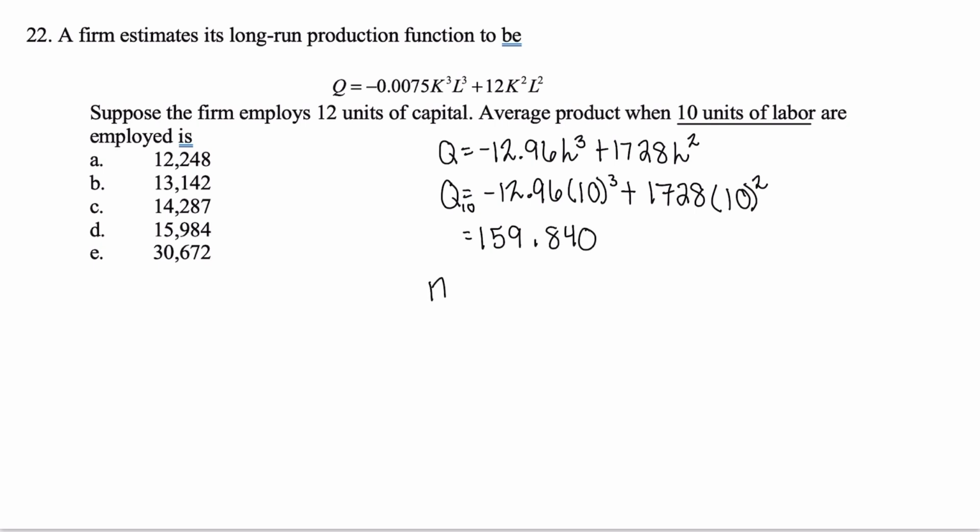And then our average product of labor is going to be the quantity divided by L. So we're going to have 159,840 divided by 10, which gives us 15,984. Or D.